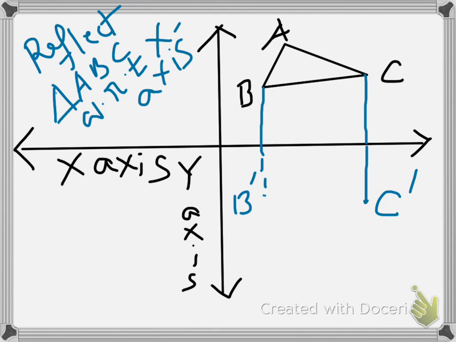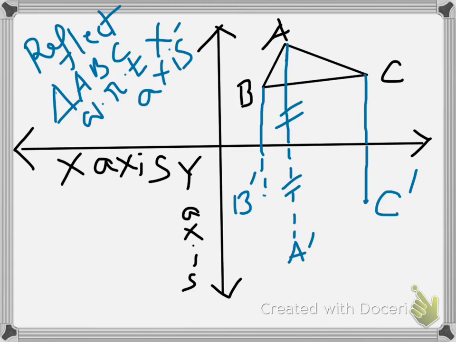Similarly, if you reflect point A with respect to the x-axis, the distance between point A and the x-axis is going to be equal to the distance between the reflected point of A, which is going to be A dash, and the x-axis. This distance and this distance are going to be equal.